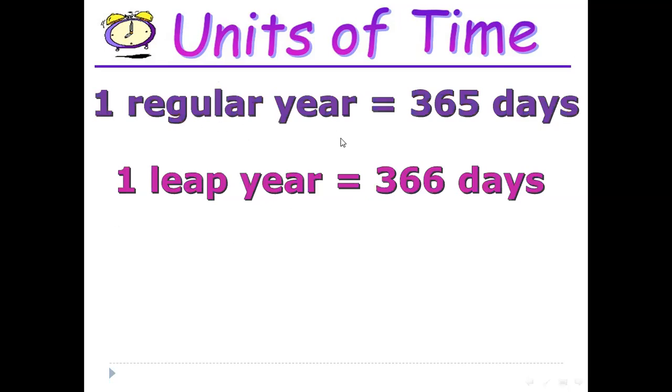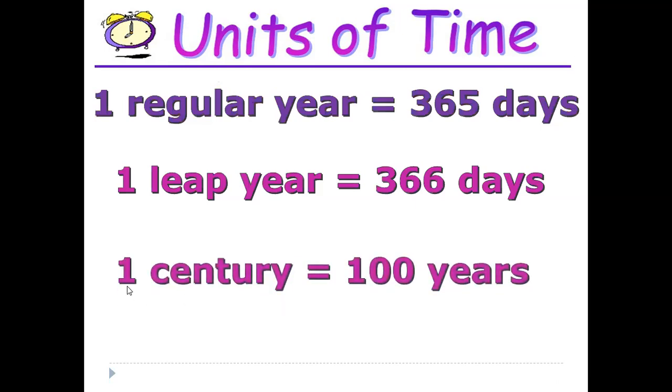But in the regular years, we know in February we have 28 days. So there's an extra day in the leap year, and the leap year happens every 4 years. In 1 century, there are 100 years. This is the century.